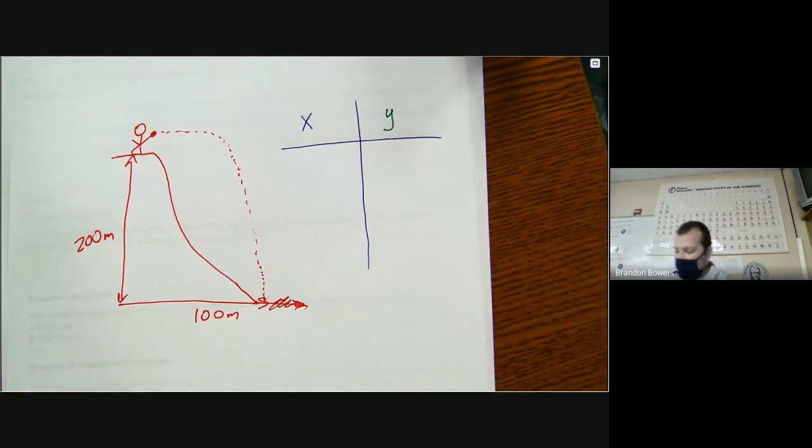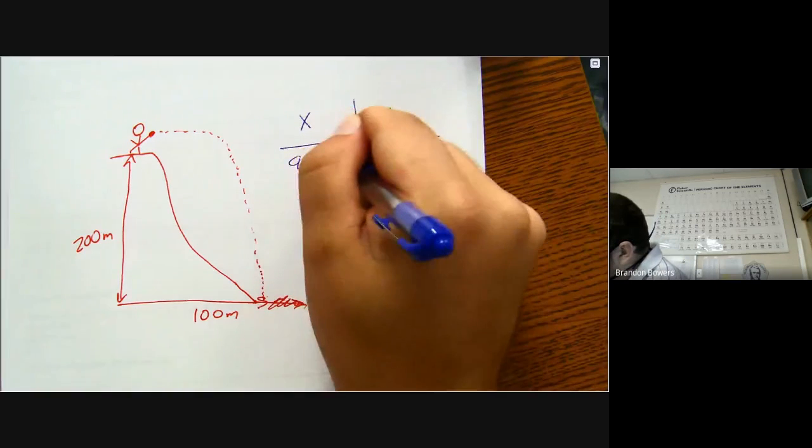Okay, X and Y. So let's talk about the X direction real fast. What's my acceleration in the X direction? Do I know that? Oh, but I do. It's 0. The X direction never accelerates. So my acceleration is 0 meters per second.